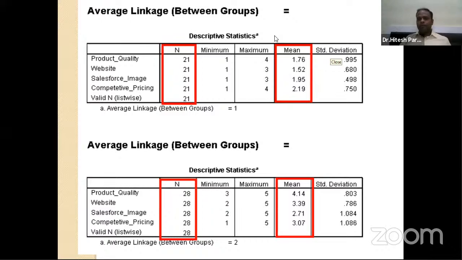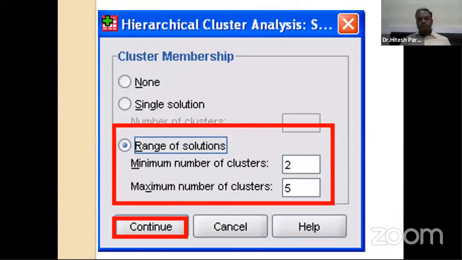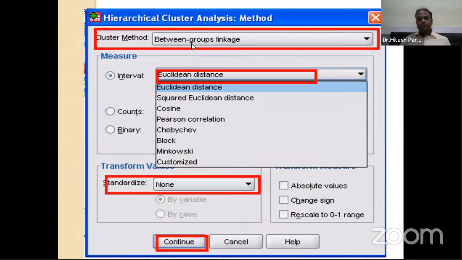Version will not be the cause of the differences. Maybe you may have selected some different kind of method or distance measure. There were 2 options available. My output is being generated using between groups linkage and Euclidean distance, and standardize as none.